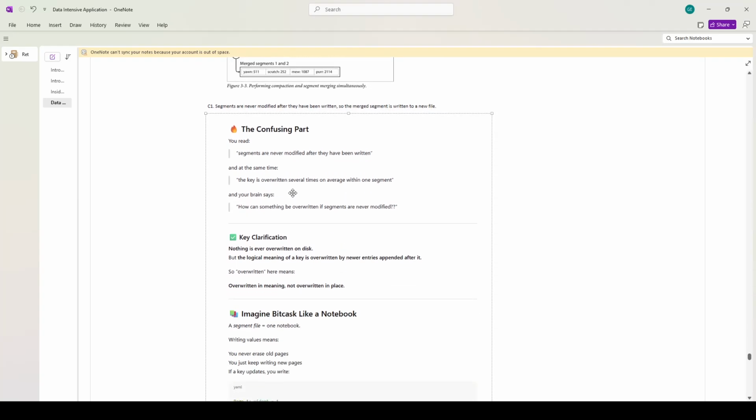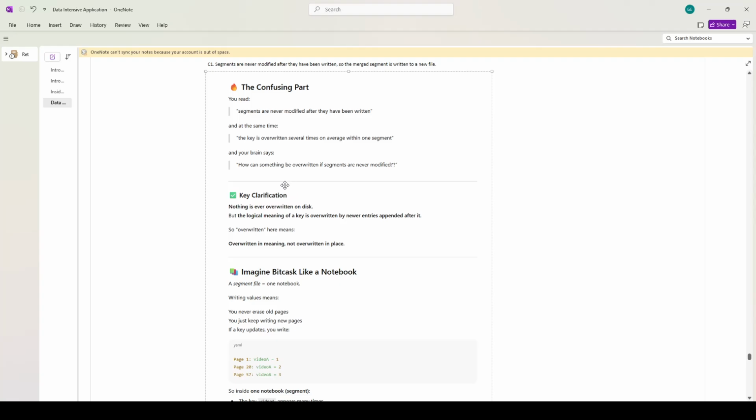What's the confusing part? You read that segments are never modified after they have been written, and at the same time, a key is overwritten several times on average within one segment. Your brain says, how can something be overwritten if segments are never modified?